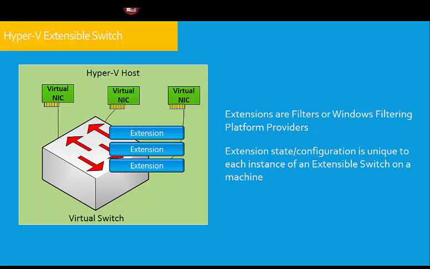Also, applications and drivers that run within the management operating system can send or receive packets through this type of switch. A private extensible switch supports ports that connect to one or more virtual machine network adapters. This type of switch allows packets to be sent or received only between Hyper-V child partitions.